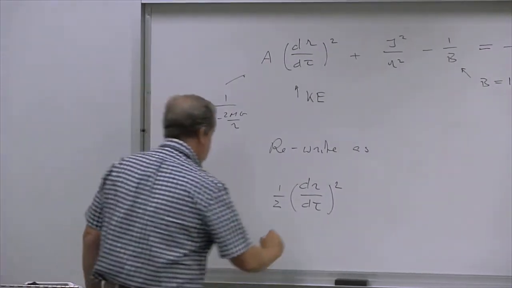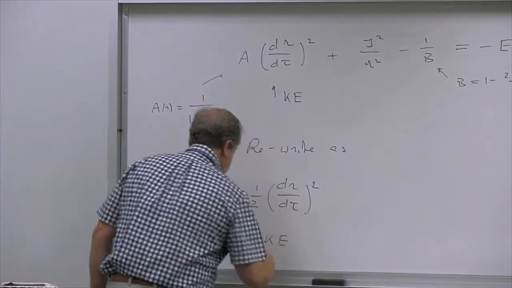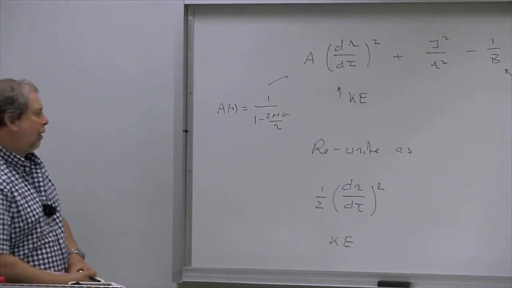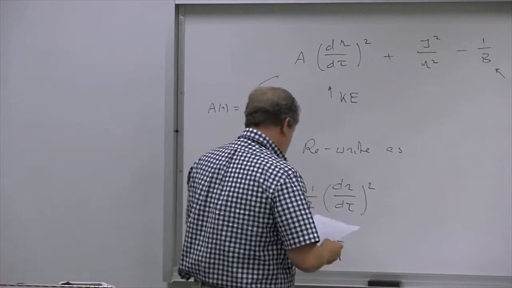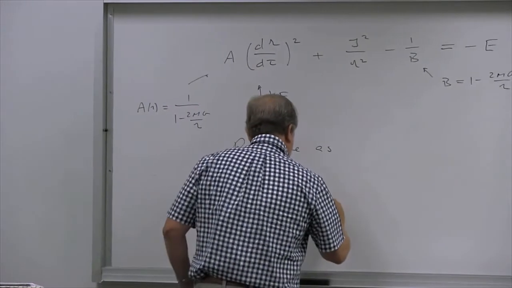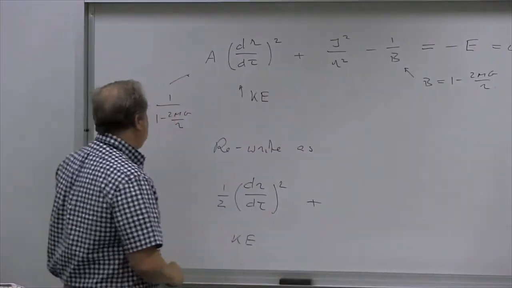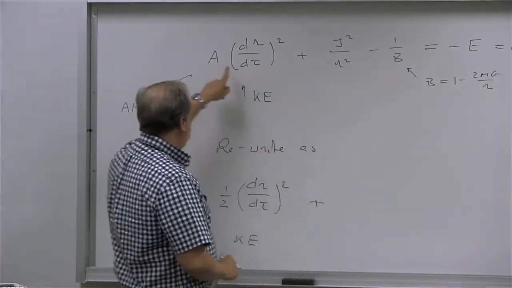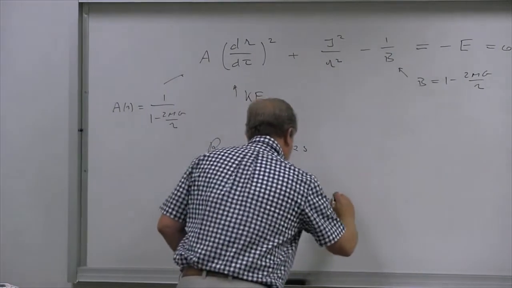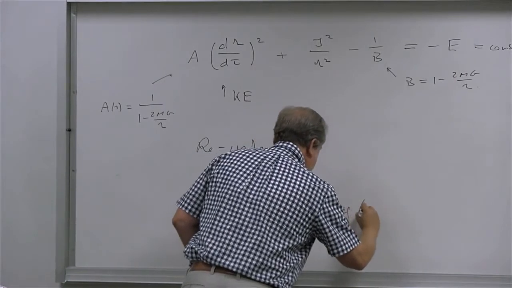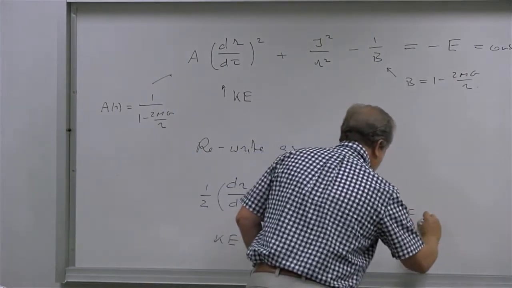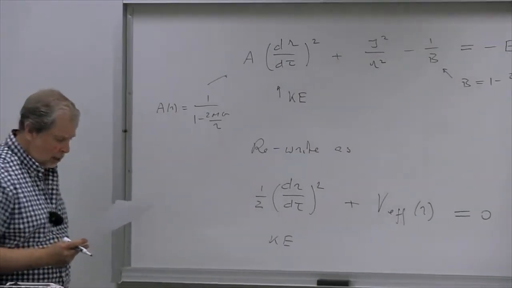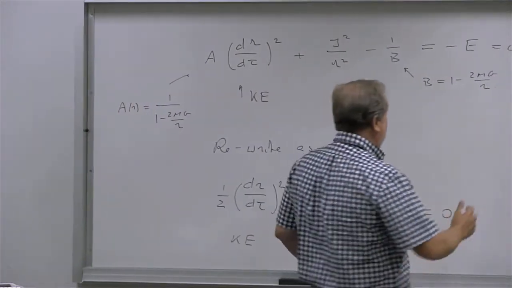And so this is the kinetic energy term, in the canonical form where you have q dot squared, or 1/2 q dot squared. And well, then we have the rest, and the rest is of course multiplying this piece here by 1 over a. And so we're going to write that as v effective of r, and then the whole thing is going to be set to 0, or to some other constant, but it will be easiest just to take that constant to be 0.